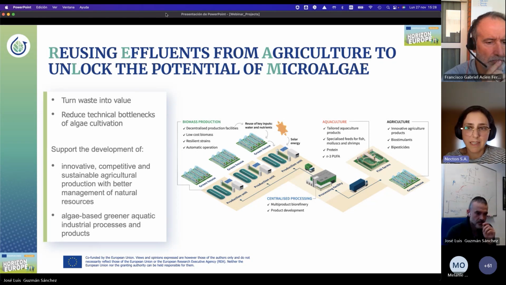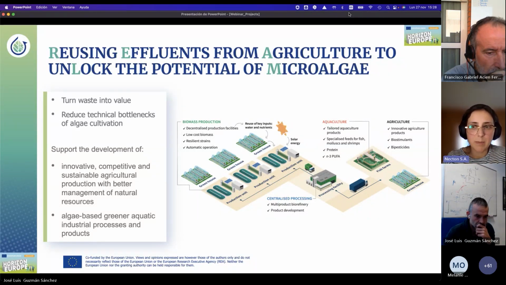Afterward, membranes in situ will concentrate the biomass, and this concentrated slurry will be transported to a centralized processing facility, where a biorefinery approach will be implemented to maximize the profitability of the biomass and develop products for both agriculture and aquaculture.